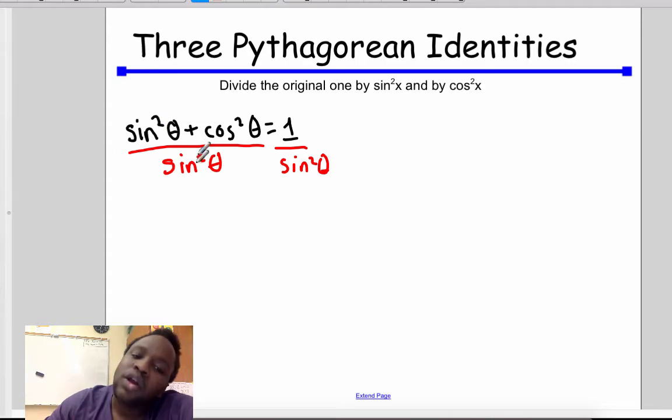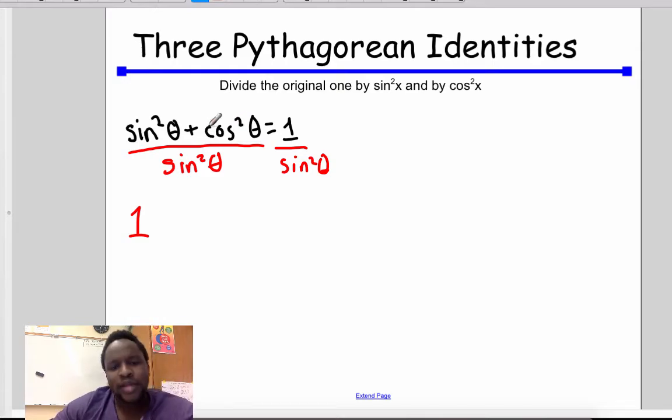So sine squared over sine squared is 1. And cosine squared over sine squared. Well, what's cosine over sine? Cosine over sine is cotangent, and then cosine squared over sine squared would be cotangent squared.